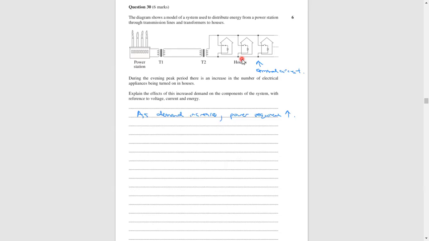So if you don't supply more power, so if there is no adjustment made, then by drawing more current, the voltage will drop. The houses will experience a voltage drop at the consumer side if no adjustments are made at all.